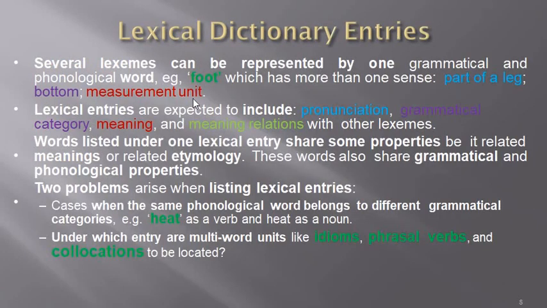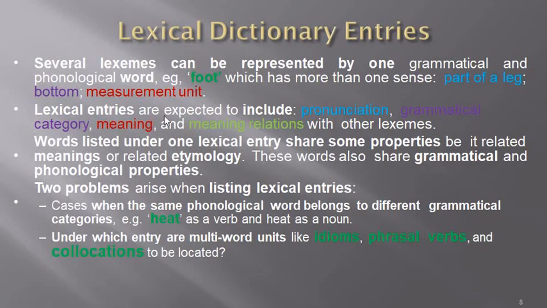When we talk about lexical dictionary entries, several lexemes can be represented by one grammatical and phonological word. For example, foot has more than one sense. It can be the part of a leg, it can be the bottom, and it can be a measurement unit.